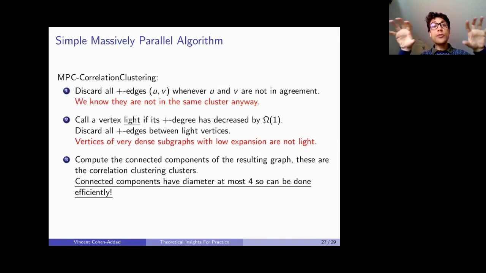And you can't have clusters that connect to each other, because for two clusters to end up in the same connected component, heavy vertices of the clusters would have to be in agreement, and this is impossible because heavy vertices have little expansion.